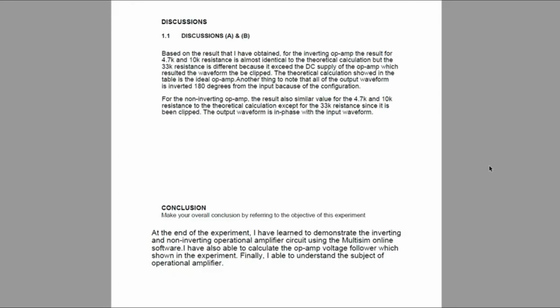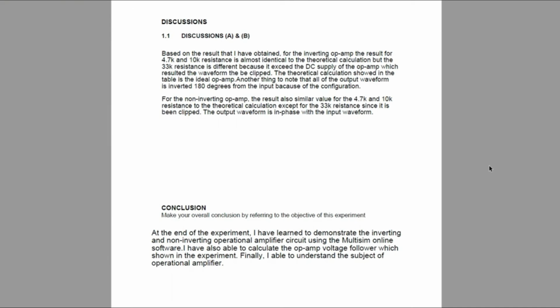The 33K resistance calculation shown is for the ideal op-amp. Another thing to note is that the output waveform is inverted 180 degrees from the input due to the input signal connection.